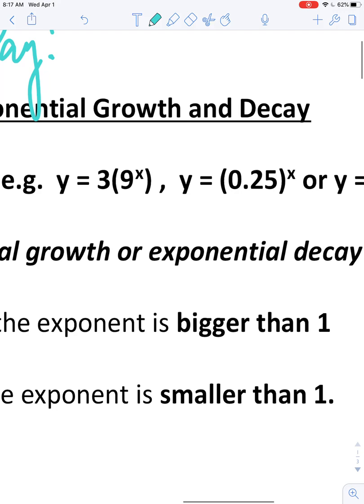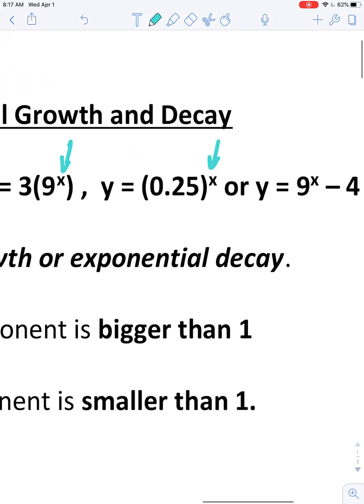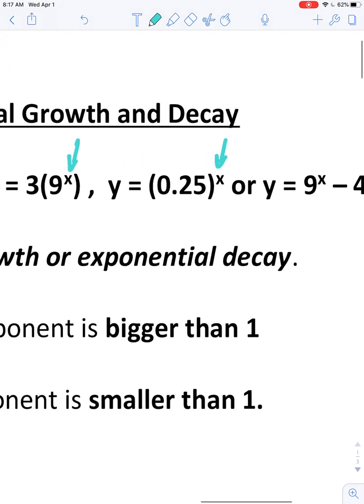So there are two types of exponential functions. And again, that's where I've got an x in the exponent. So like here, y equals 3 times 9 to the x power. It's because I've got something to the x power that I call that exponential.